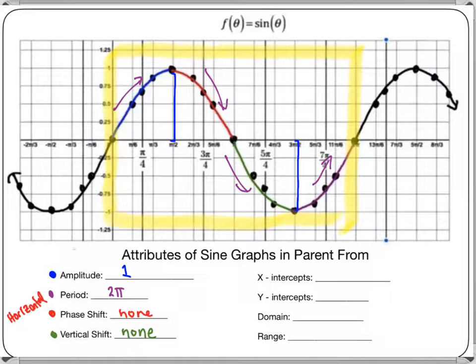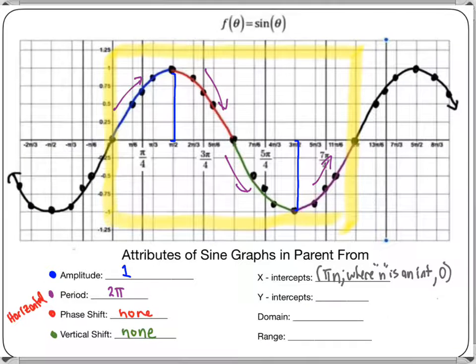So the x-intercepts are going to be this: pi n, where n is an integer, comma, 0. I'm going to show you how to do that in a moment. It'll make sense, trust me, when we get there.